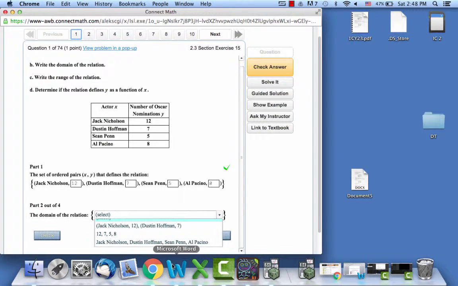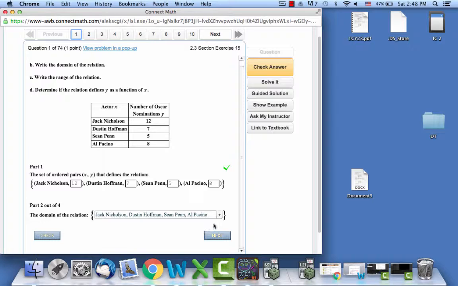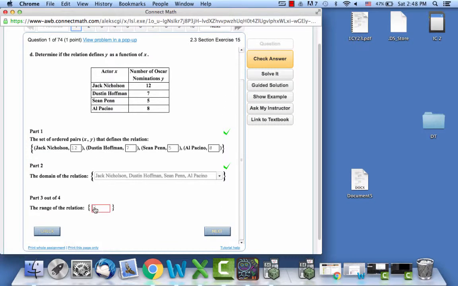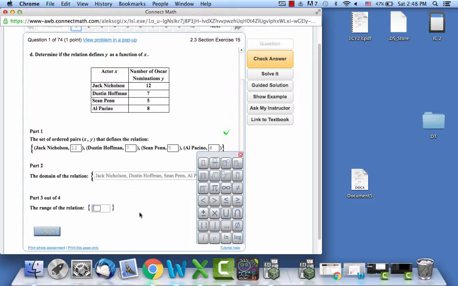So the domain is the list of all the guys. The range is 12, 7, 5, 8.